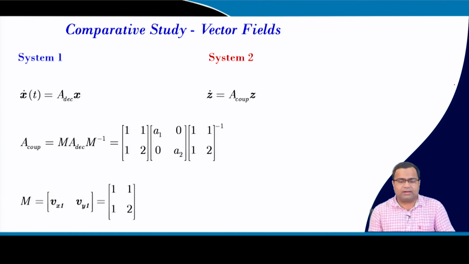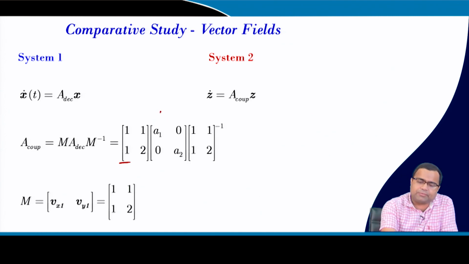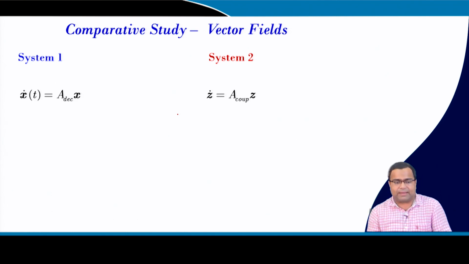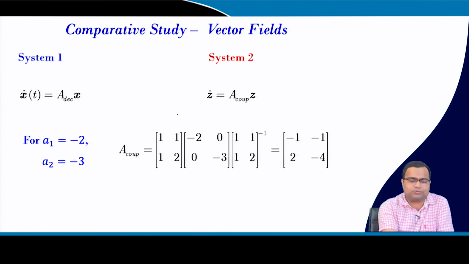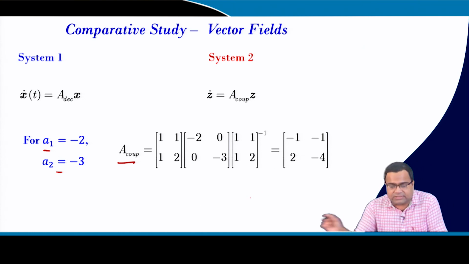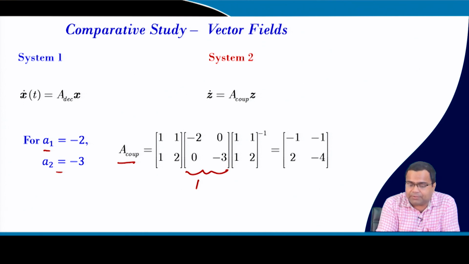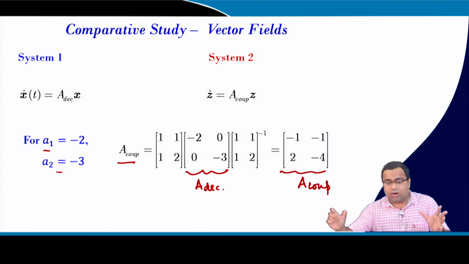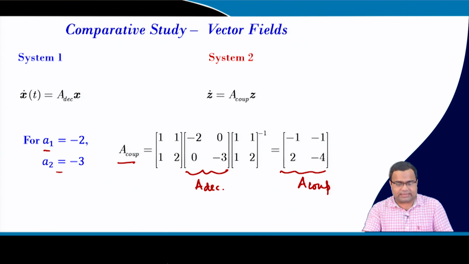Now, since you have not put any value here, we want to see what will happen for this particular case. Suppose we have taken a1 to be -2, -3, and the coupled system will be -1, -1. So, we want to see the vector field in the decoupled system. This is my decoupled matrix and this is my coupled matrix.